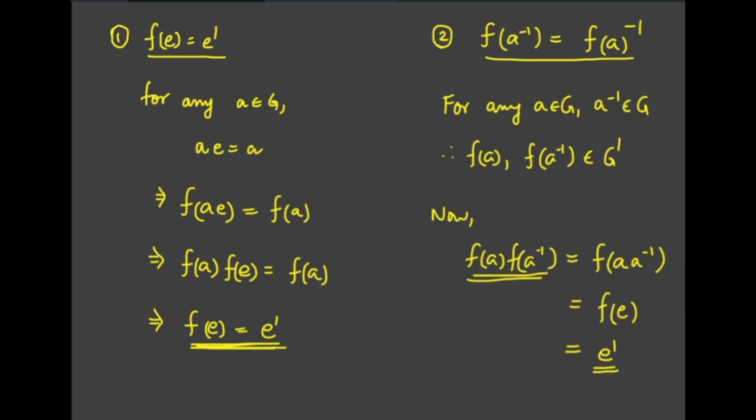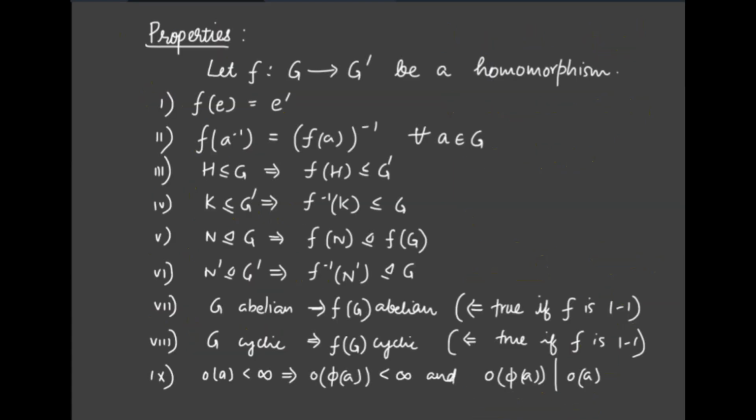Now operating with f(a)⁻¹ on both sides, we get f(a⁻¹) = f(a)⁻¹. So we have shown the second property too. So you see, it's easy to prove. You just have to use the definition of homomorphism and you will be able to prove these properties. So just try doing the rest also. Like I said, if you get stuck, let me know in the comments and we will discuss it.